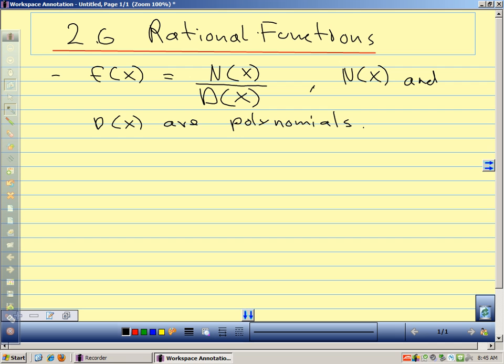And our only restriction, we have to be careful, we don't want the denominator equal to 0. We always have to be careful that our denominator is not 0. So the domain of a rational function is all numbers where the denominator is not 0. If you're asked about the domain, you have to figure out where the denominator is 0, and we have to leave those out of our domain.